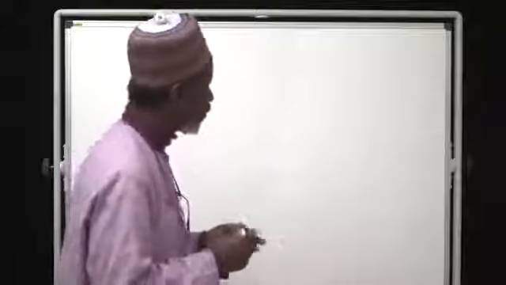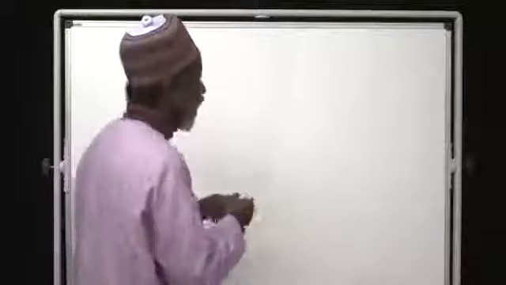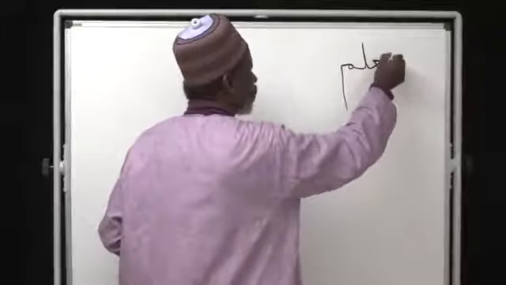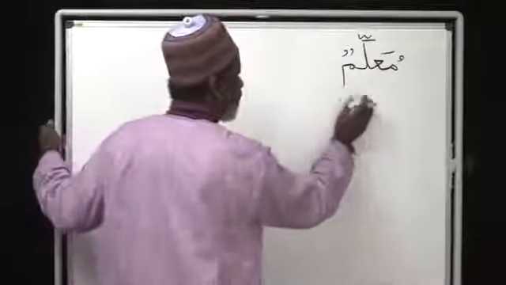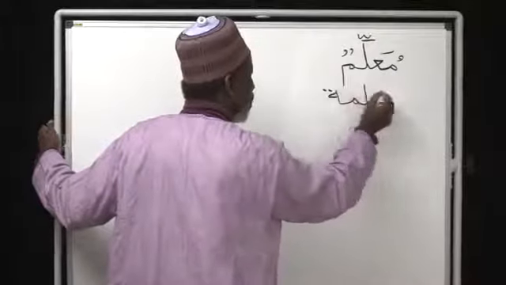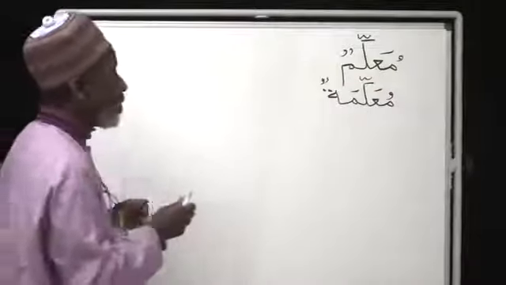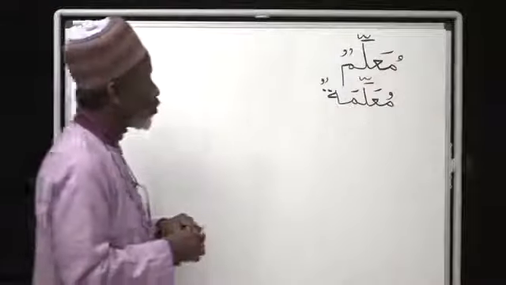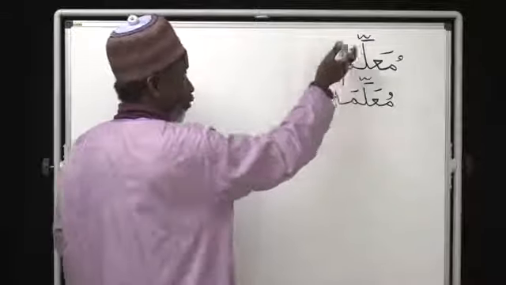For instance, muallimun, a teacher. That's a male. Female teacher is muallimatun. To say "my" in Arabic, for the last letter of the noun, you remove the case ending, like the un.